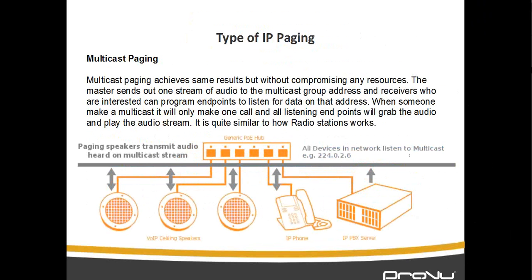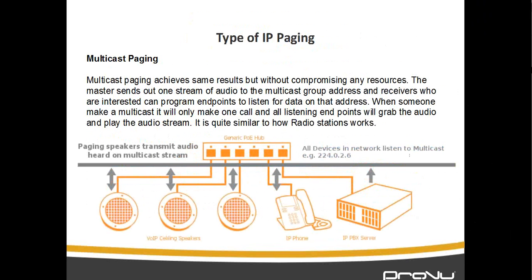The easiest way to explain this is that it's quite similar to how a radio station works. A radio station just streams audio on one frequency, AM or FM, and then all the listening parties, like we are, or in a car using radios, just tune the radio to the frequency, and we can hear them.